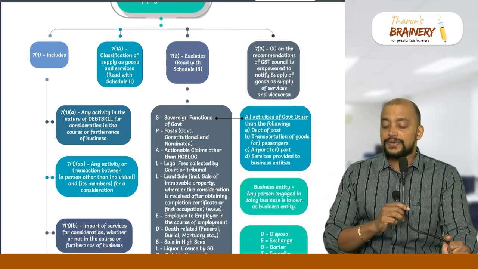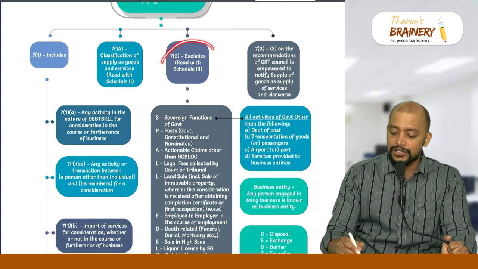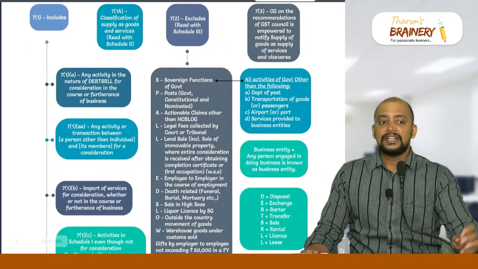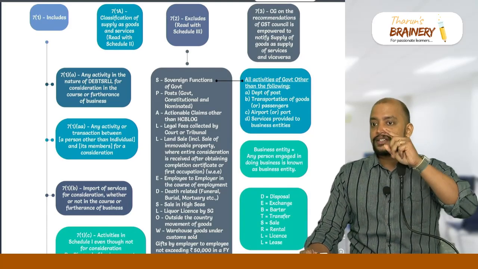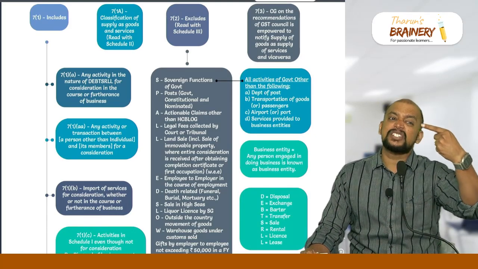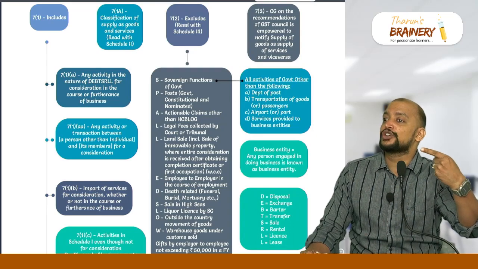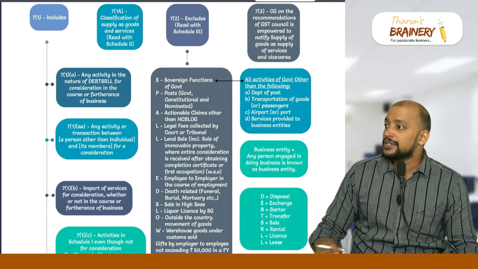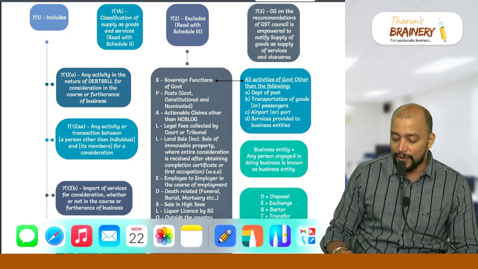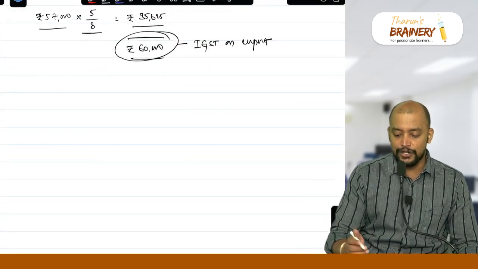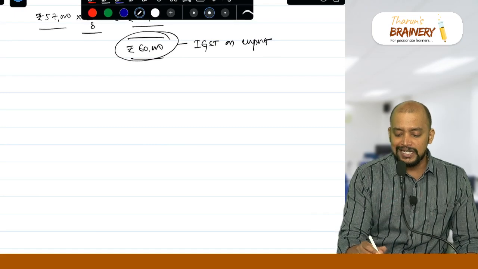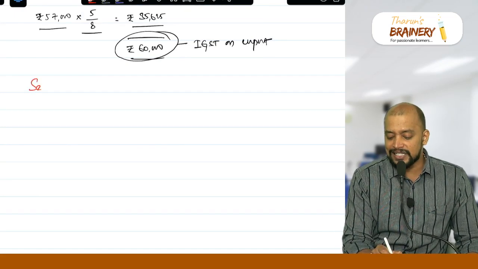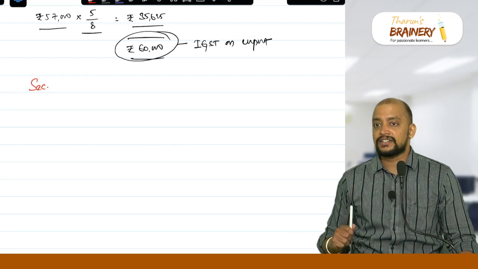Now 7 subsection 2 exclusions, the list of exclusions is given in Schedule 3. There are 3 schedules. Schedule 1 talks about the list of activities that will become supply even though without consideration. So whenever you are referring to 7.1c, you need to write 'read with Schedule 1'. Keep this in mind, or write it down. These are the references we need to give properly when writing, because they expect it at CA Final level.